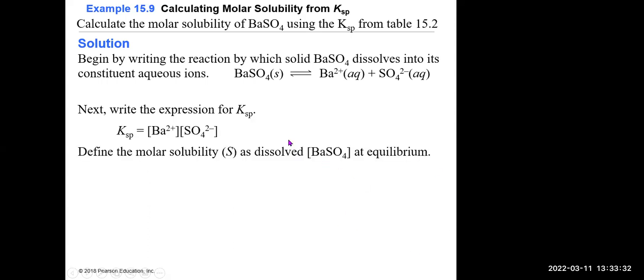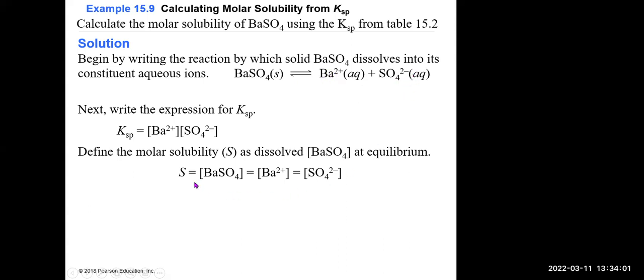Now you will see, if you define the molar solubility as dissolved BaSO4 at equilibrium, and you dissolve S molarity of BaSO4, then as much as this dissolves will produce the same amount of Ba2+ and SO4 2-.